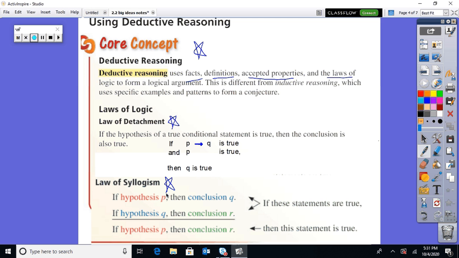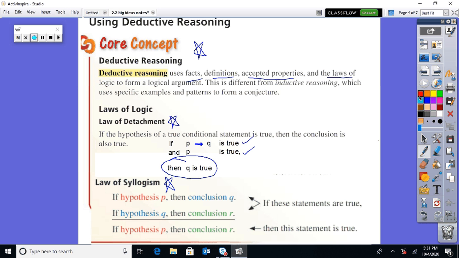So detachment says if the hypothesis of a true conditional statement is true, then the conclusion is also true. So if I have some conditional, P to Q, and I know that it's true, then I come back with the P part being true, then we're allowed to conclude that the Q part is true. And then for syllogism, it's kind of a silly word.